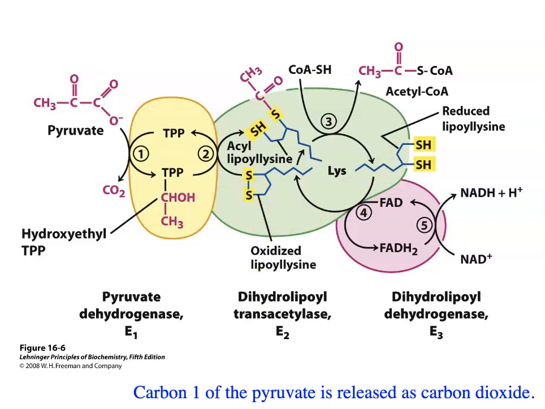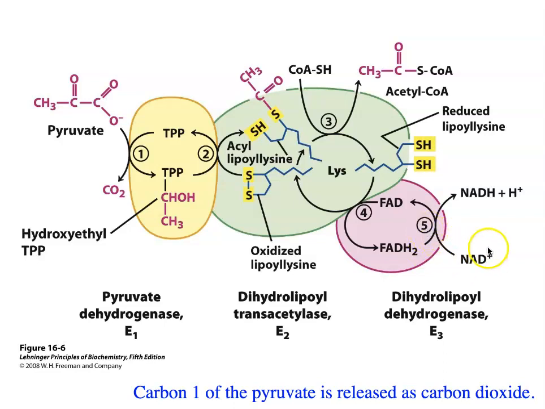Now, the interesting thing is that the FAD in this case is a prosthetic group. When I say prosthetic group, I mean that this coenzyme is permanently bound to the protein part. So FAD cannot just leave, similarly to the lipoyl lysine. So somehow it needs to load this electron pair onto something else that can deliver it to oxidative phosphorylation, and that's where NAD plus comes in.